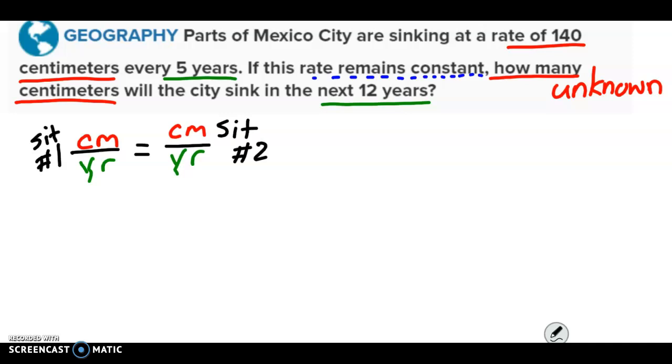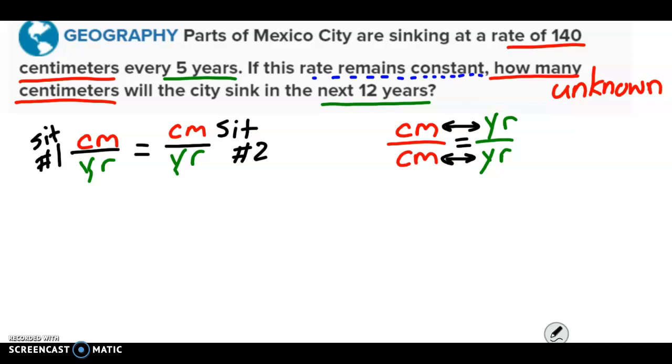What else you can do is you can relate the centimeters to themselves and set them equal to the years related to themselves. What has to happen here, though, where you need to be careful, is we have to make sure that the top is one of the situations and the bottom is the other.